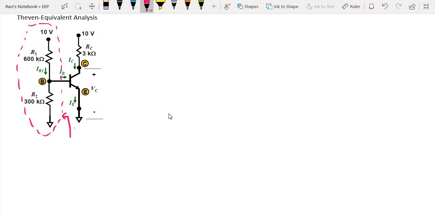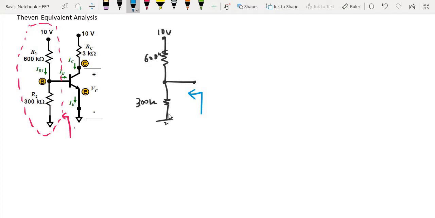I will see a voltage of 10 volts, a resistor of 600k, the base junction here, and another resistor of 300k. All right, so this is the point at which I am looking to get the Thevenin equivalent circuit.